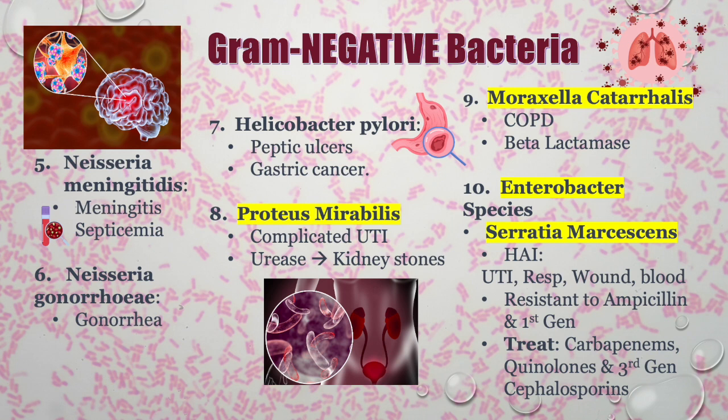Then we have Acinetobacter, which is particularly known to cause a range of hospital-acquired infections, including pneumonia, bloodstream infections, and wound infections. It can be a multi-resistant form, and it makes infections difficult to treat.